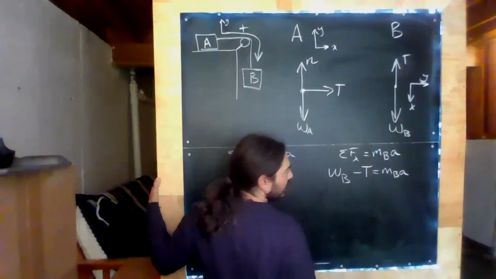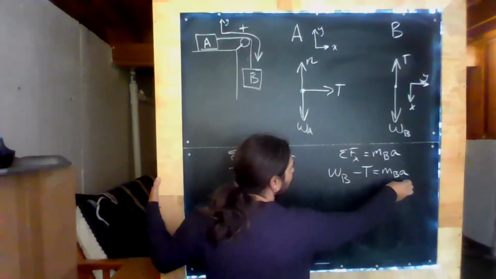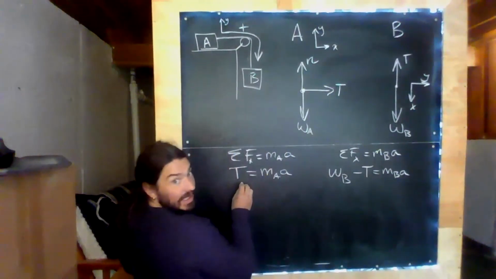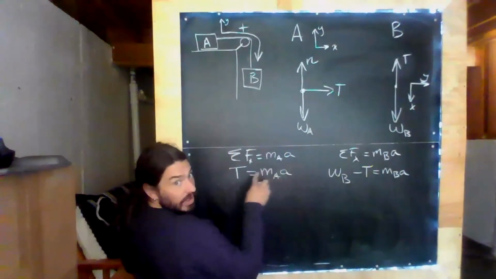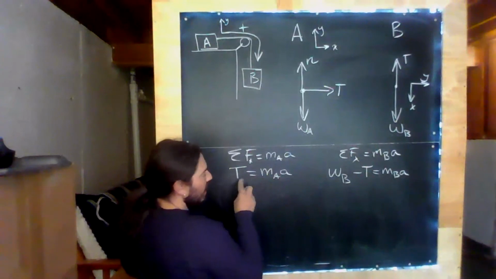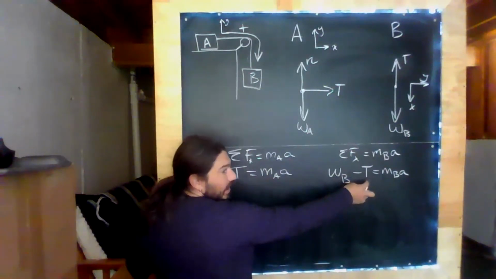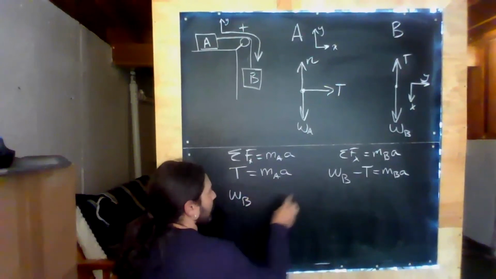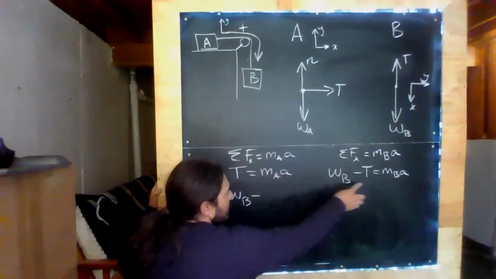And so now you look at this and you say, oh, now we have two equations and two unknowns. Notice I have T right here, already isolated. I'm just going to substitute that into this equation, and then I'll only have one equation. Substituting in T right here.